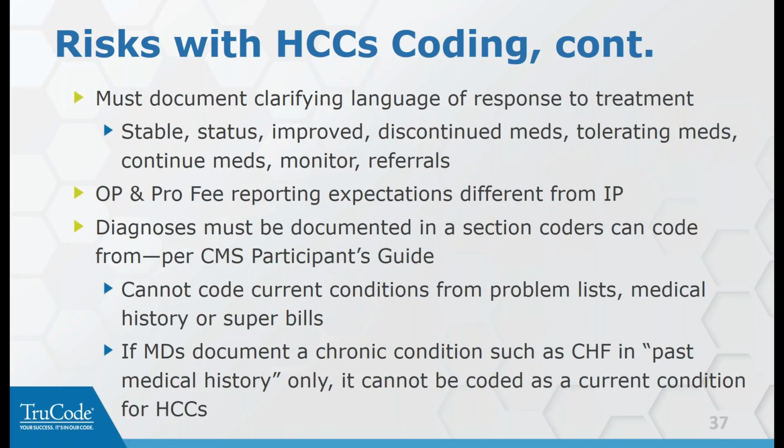So for example, that last bullet there, if the physician documents a chronic condition such as CHF in past medical history, which they routinely do in many cases, and that's the only place that chronic condition that they're still treating and still paying attention to is documented, it cannot be coded as a current condition for HCCs to factor into that score. So that's, again, an area for education for the physicians to make sure that they realize that it has to be documented somewhere that shows that it clearly is still a current condition being monitored and treated.